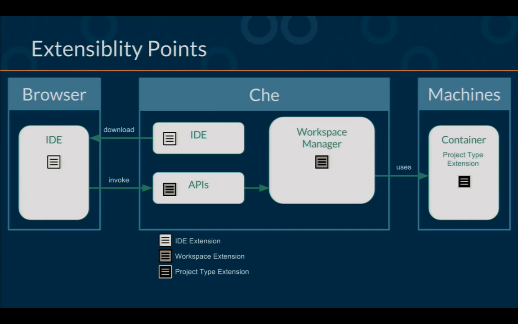Based upon dependency injection and annotations that you provide, it tells the extension, when it's packaged into an assembly, whether it is an IDE extension, which gets compiled into JavaScript, a workspace extension, which modifies this behavior, or a project type extension, which injects services based upon that project type into the machine for use. So it could be like C++ annotations or PHP. You have total flexibility on this. The entire IDE itself is a grouping of about 30 or 40 extensions that we've been building over the years.